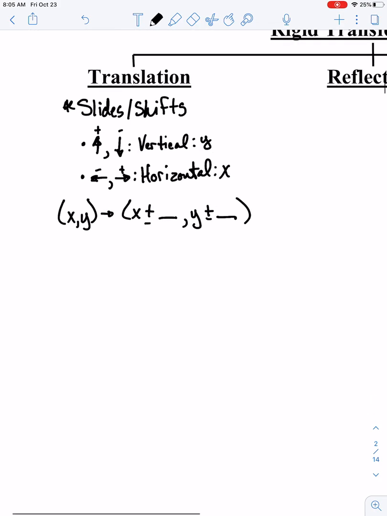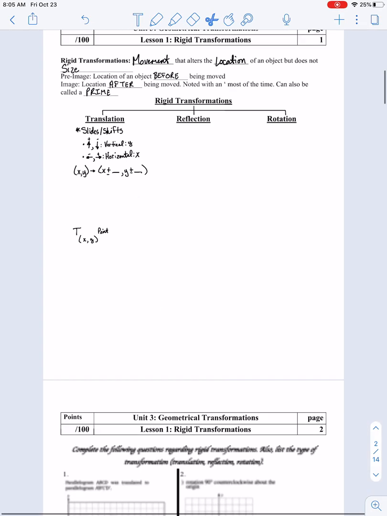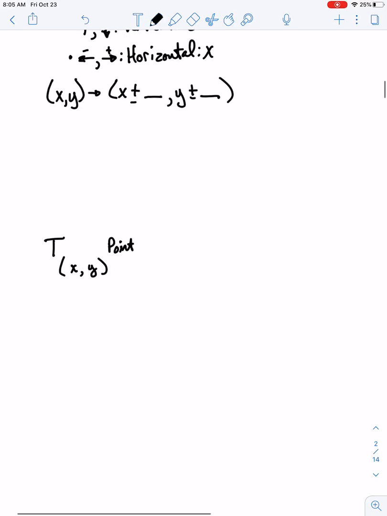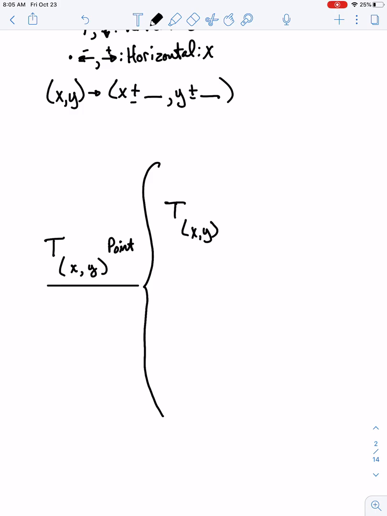Okay. Shorthand notation is going to be T, parentheses, x, y, and then I'm just going to say point. Okay. And I'll make a map here really quick. I have this thing T, and then x, y attached to it, and then I have the point.